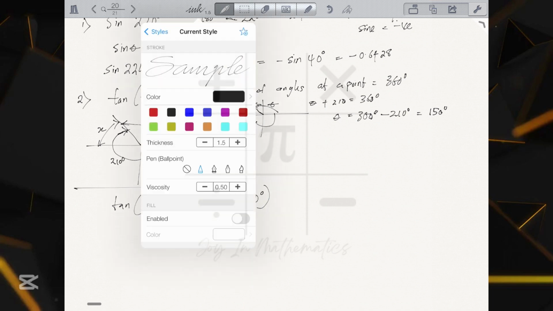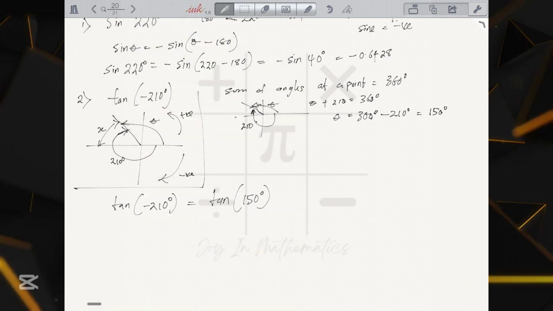So theta plus the negative angle is equal to 360 degrees. We can call this theta the positive angle. So whenever we have a negative angle, we use this formula to evaluate theta.